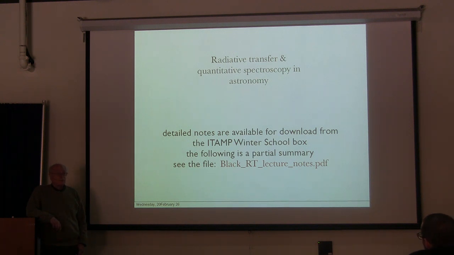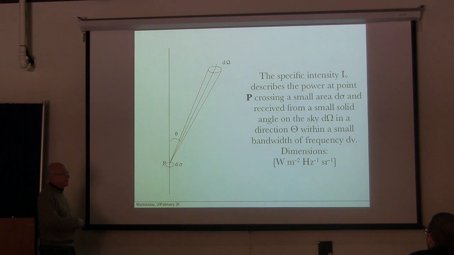So this involves both being able to write down equations that describe the internal excitation state of the atoms and molecules that produce the spectrum, and also how the intensity of the spectrum is changed as it propagates both through the source itself and through any intervening medium.